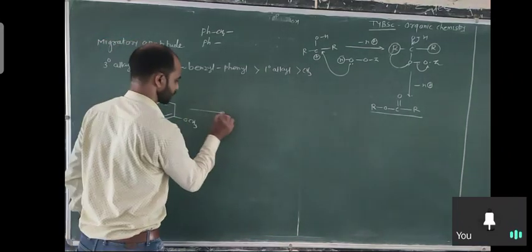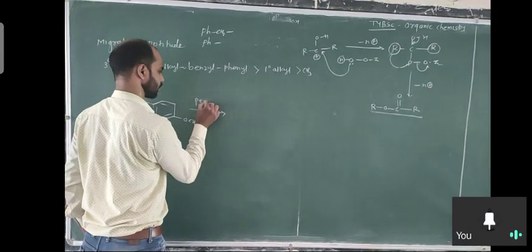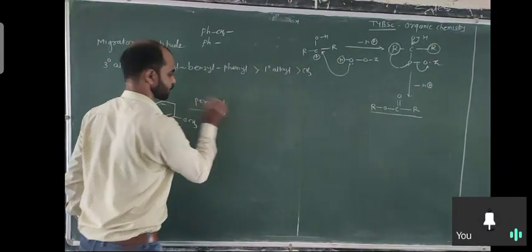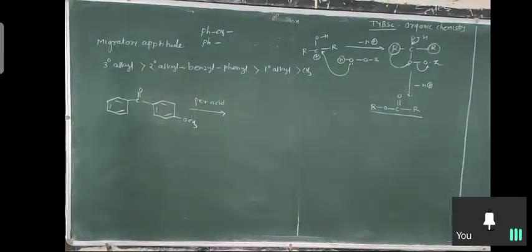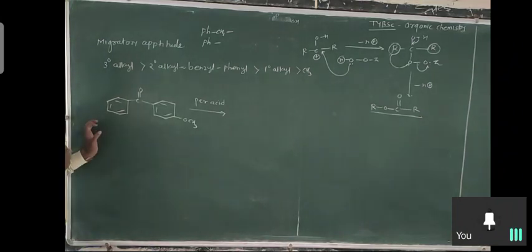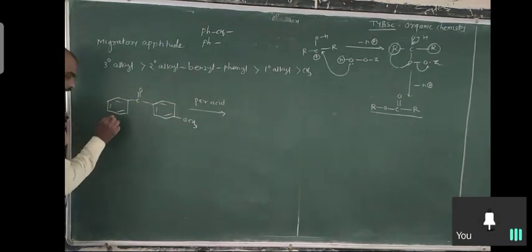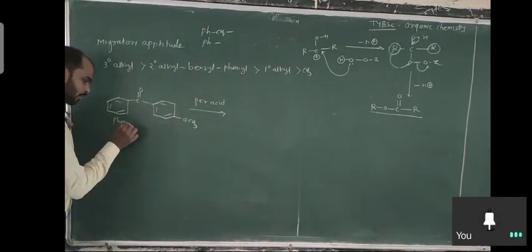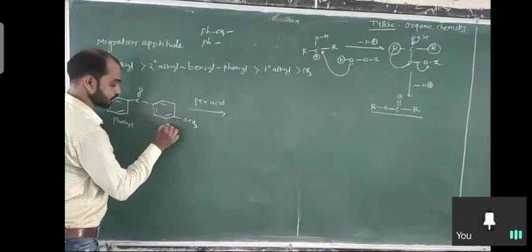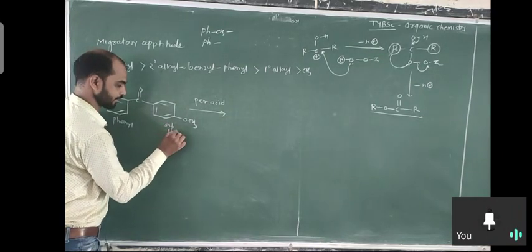In that case, if peracid is used, how do we write the product directly? Which group is migrated? The group which is preferentially migrated is the one attached to the oxygen. Which one has the migratory aptitude? This is a phenyl ring, this is also phenyl, but it is a substituted phenyl ring.